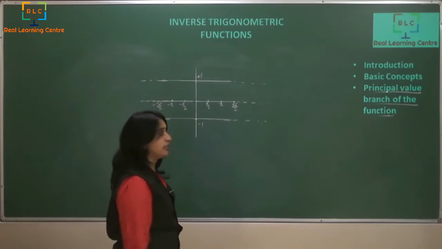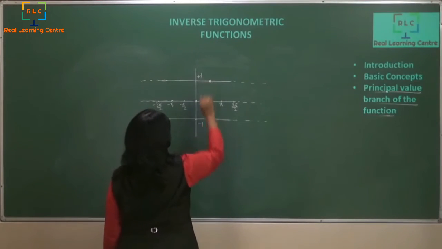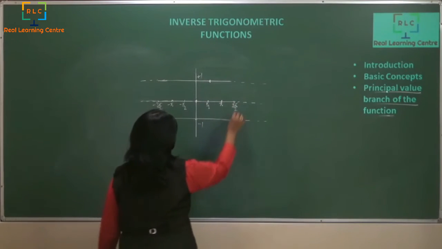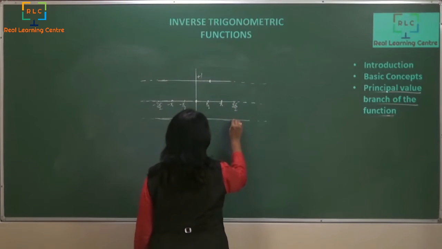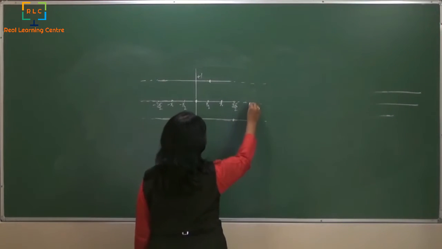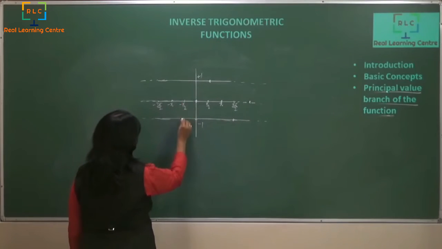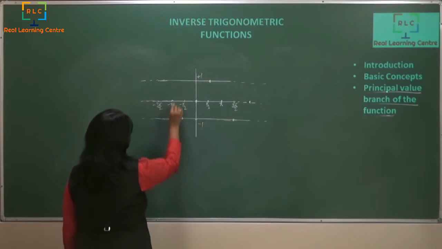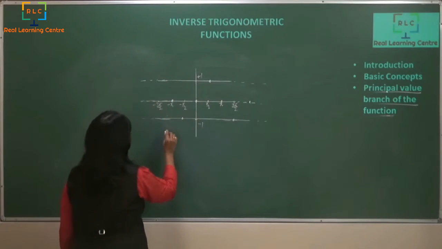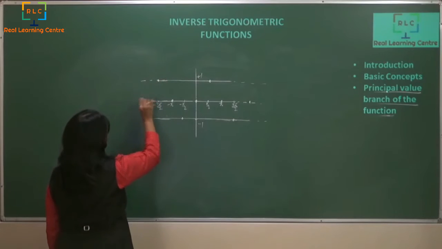And we have the values, right? Sine 0 is 0, sine 90 is 1, sine 180 is 0, sine 270 is minus 1, and sine of 360 is 0. Then sine of minus 90 is minus 1, sine of minus 180 is 0, and then sine of minus 270 is plus 1, and then it will be 0.